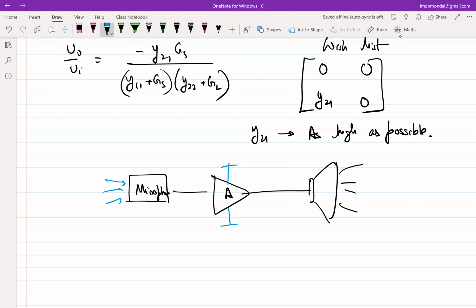This A now has a battery, extracting power from the battery and blasting the signal out here, right? This is unilateral. You can say 2-port: one port with signal going in, another port with signal coming out. But as it turns out, if microphone and speaker are nearby, then this is not particularly unilateral, because some part of the signal is flowing back into the microphone. Right? So that's what keeps on happening if I go close to this guy, right?